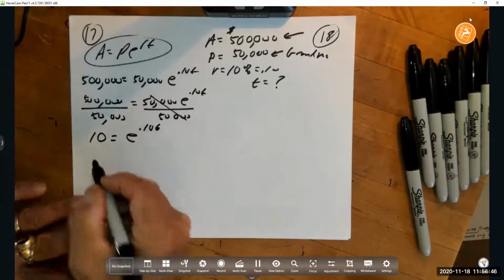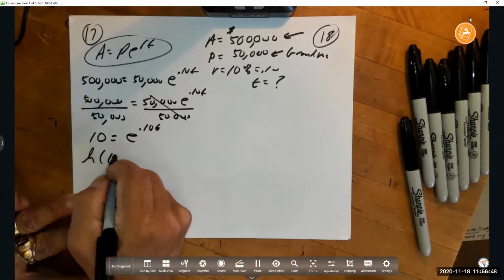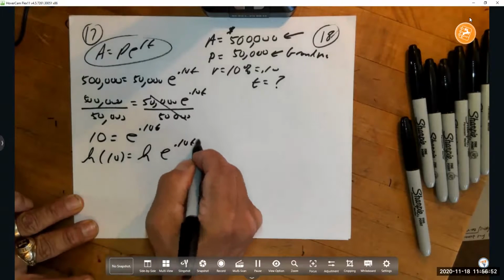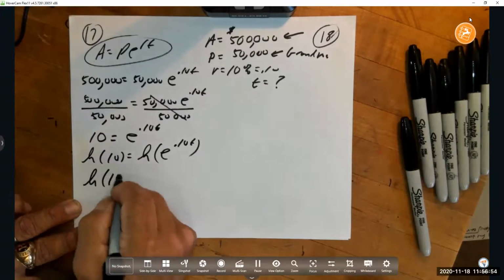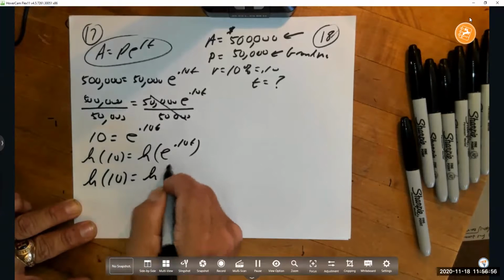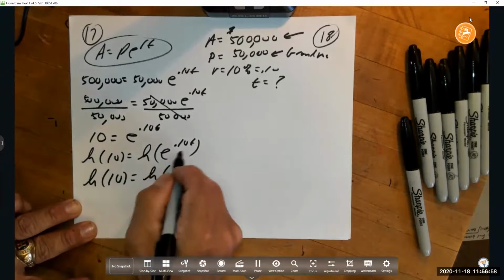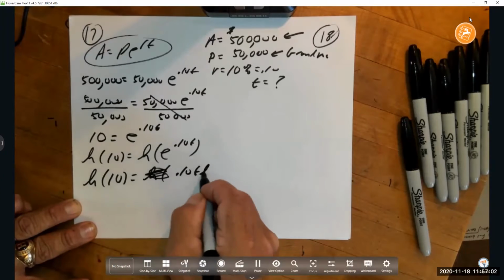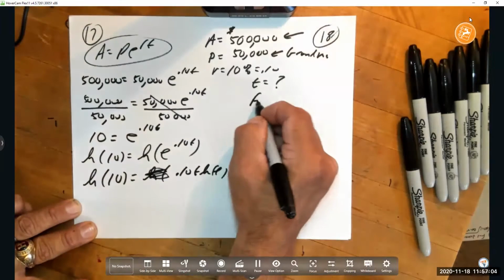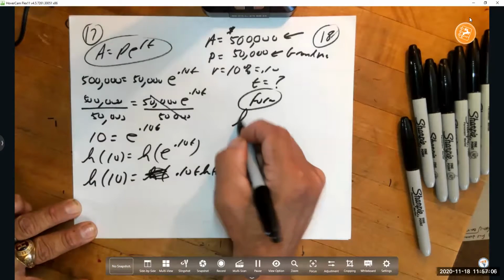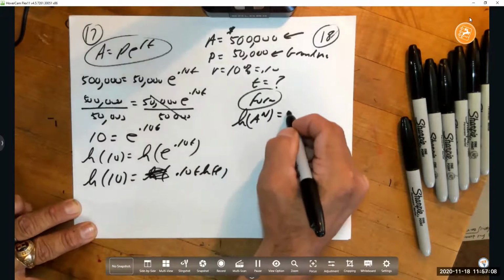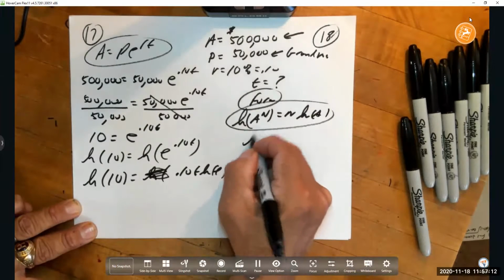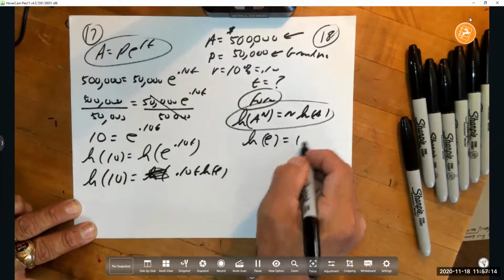Take the log of this side, the log of this side. Now we have ln of 10 equals ln of e to the 0.10 t, and you can put the exponent in front now. 0.10 t ln of e. Formulas are ln of a to a power, you can write it as the power times ln of a. And if you have ln of e, you can write that as 1.